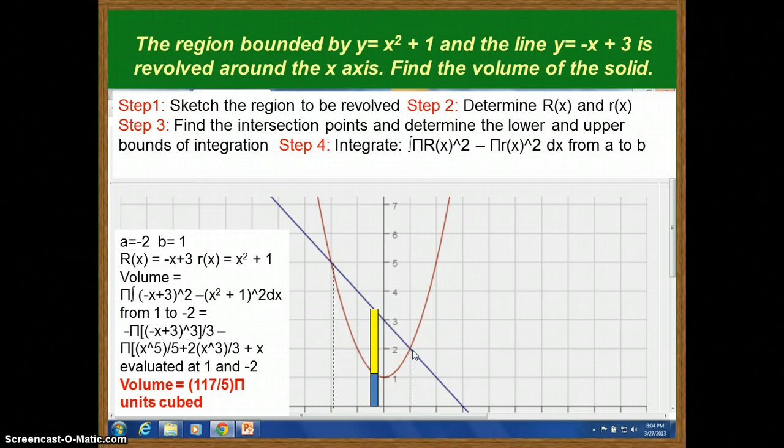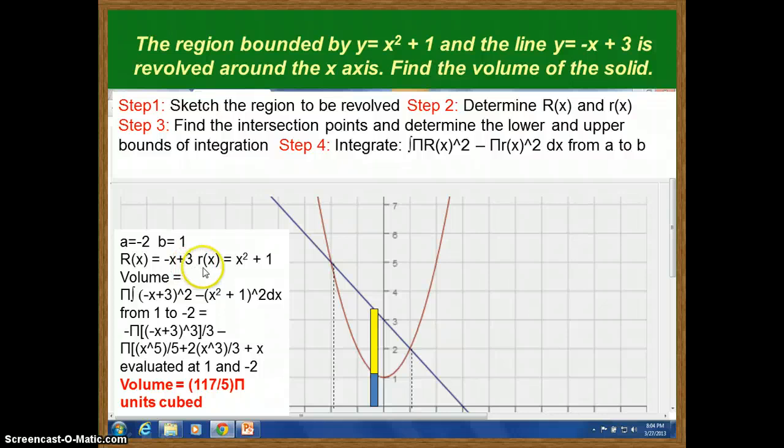Okay. The final step is just to integrate pi capital R of x squared minus pi little r of x squared from a to b. So as I said, a equals -2, b equals 1. So capital R of x in this case can be denoted by the function, okay, because this is all capital R of x, and that would be negative x plus 3.